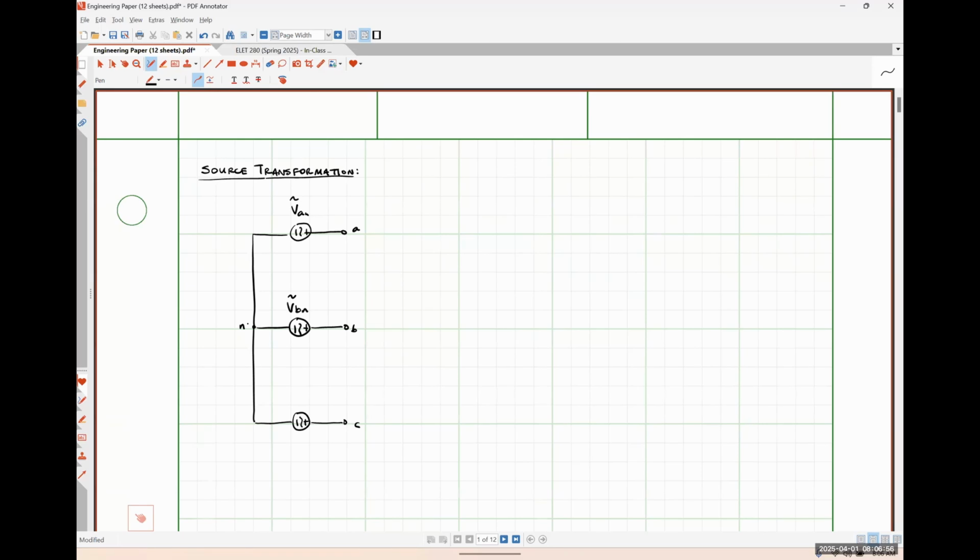Just over here for context on the right-hand side of the page, I'm going to draw our delta connected source. So this is going to be our voltage source VCA. This will be our voltage VAB.